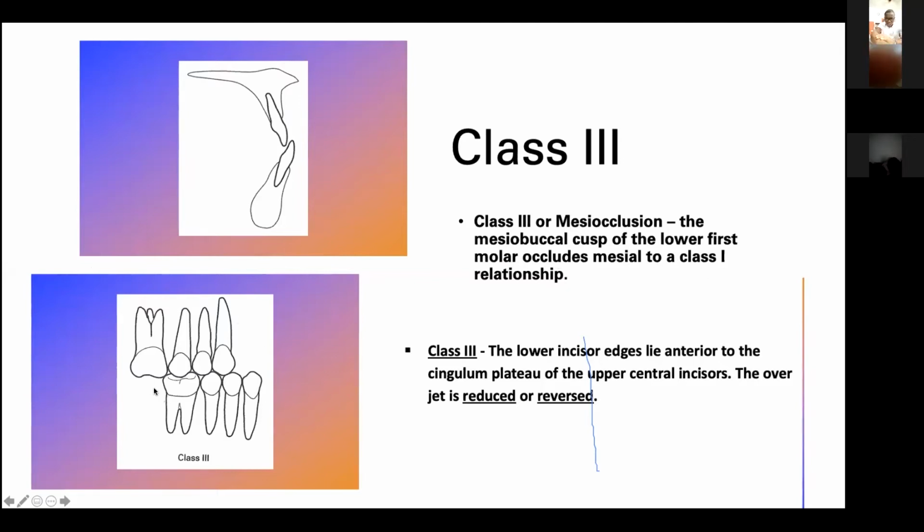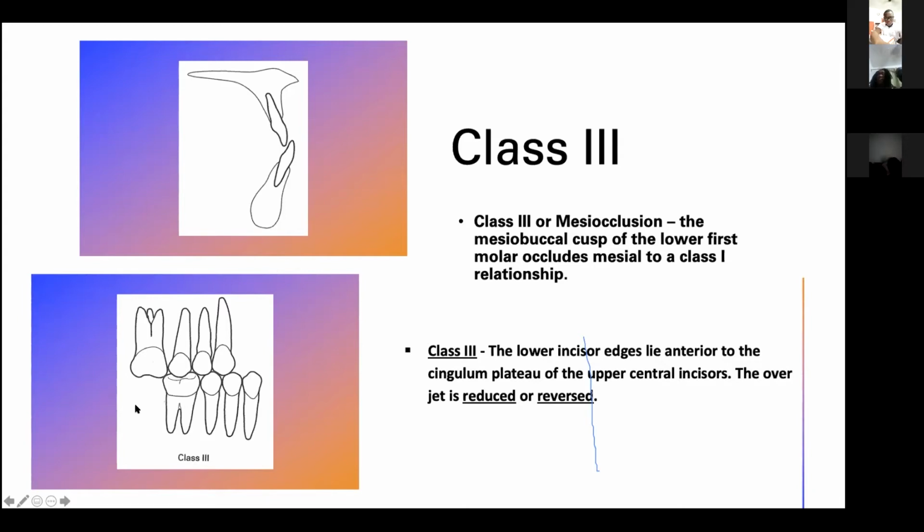Now, if we look at the Angle classification, and remember, Angle classification is always based on posterior relationship, which means back relationship, which is this. So this is Angle classification. Now, if we look at class 3, you can see that there's a difference, whereas in class 1 and class 2, the upper first molar was occluding with the lower first molar.